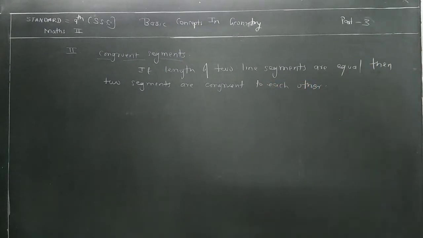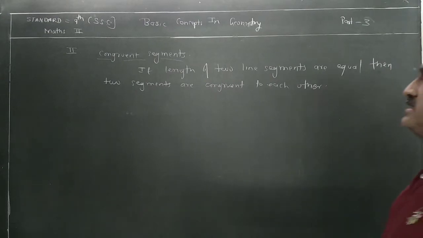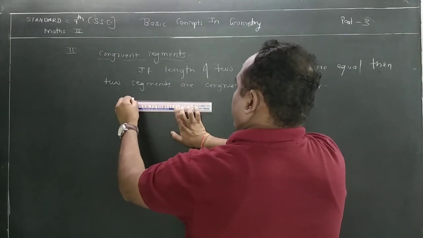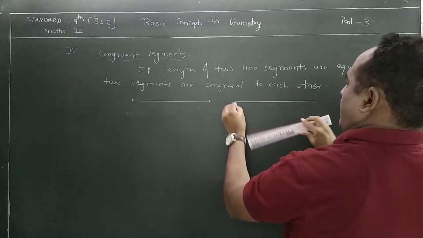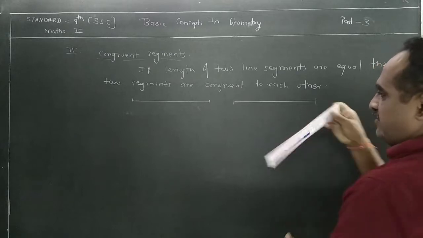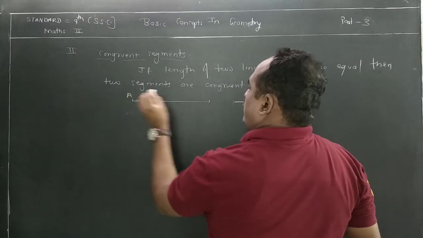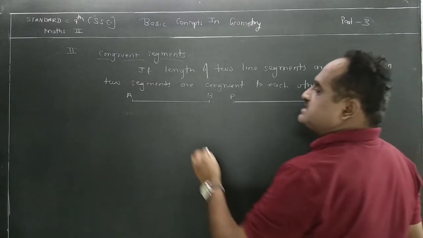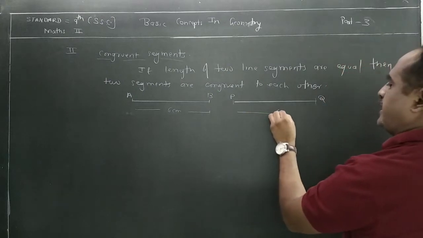So, if we have two segments whose lengths are equal, then I can say that the two segments are congruent segments. Suppose I take one segment and the other one is also the same length. This is segment AB, this is segment PQ. If the length of this segment is say 6 centimeter, here also you can take 6 centimeter.